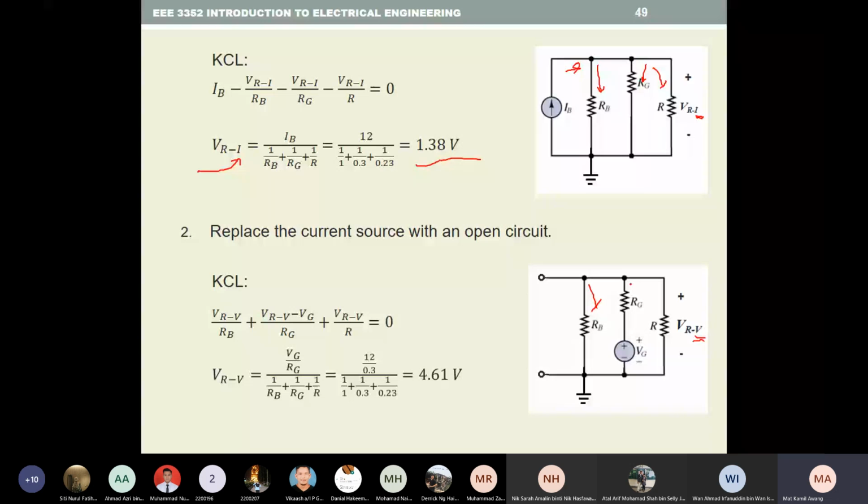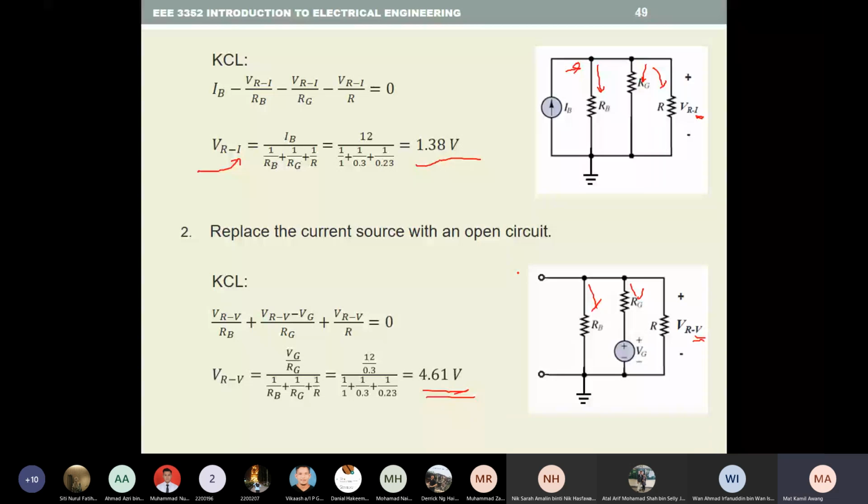The current here is VRV minus VG divided by RG, plus VRV over R, equal to 0. You substitute the values, then you get VR with respect to the voltage source is equal to 4.61 volts.